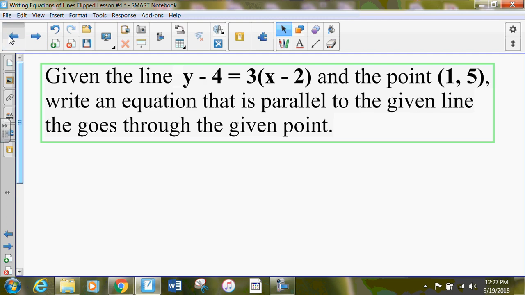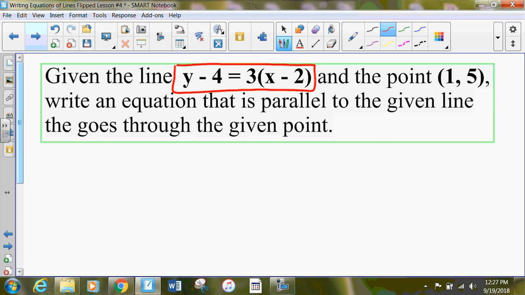All right, so the next problem is, given the line y minus 4 equals 3 times x minus 2, we recognize that. So this is our old line that they've given us. So given that line and the point 1, 5, write an equation that's parallel to the given line, the old line, that goes through the given point. So we're writing a new equation, and our new equation has 2 parts, right?